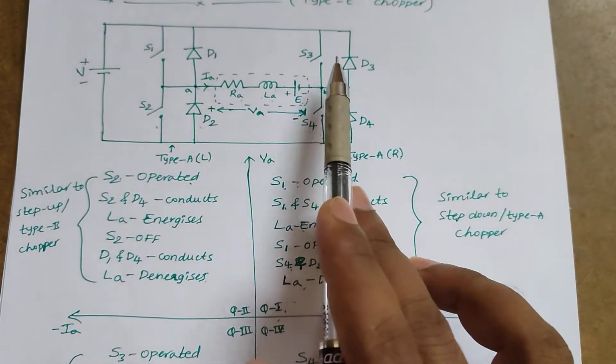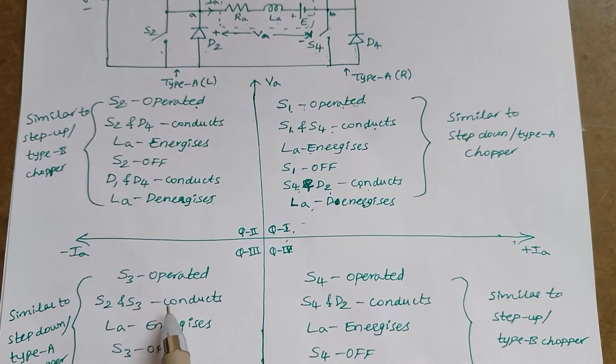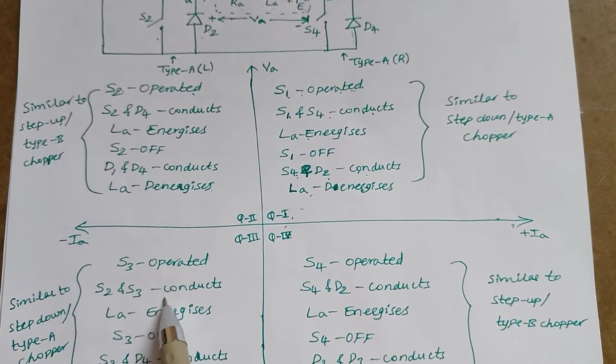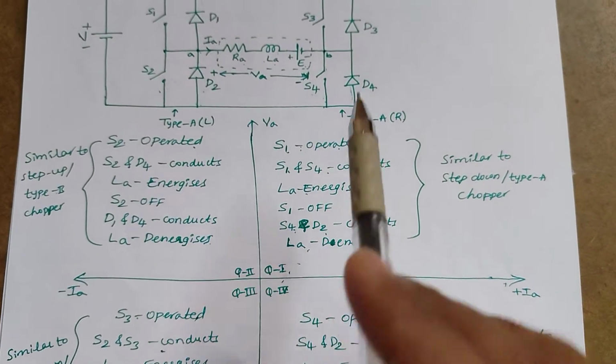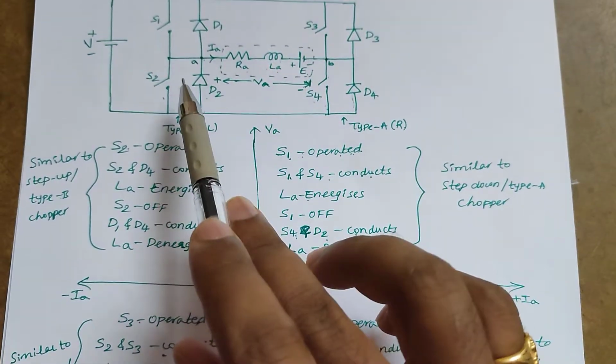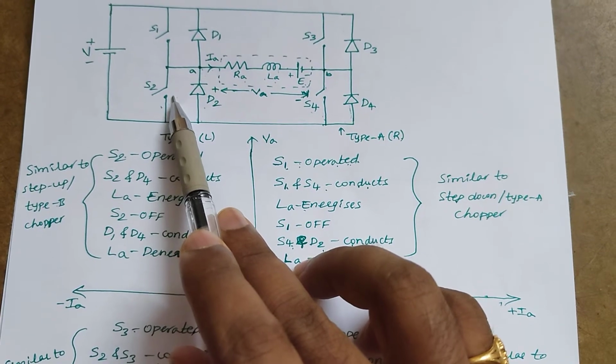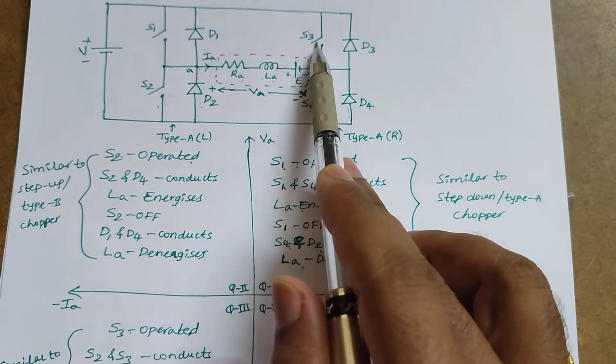When switch S3 is operated, we get the third quadrant of operation, that is the reverse motoring mode. With S3, the S2 switch is also turned on permanently while S3 is operated.